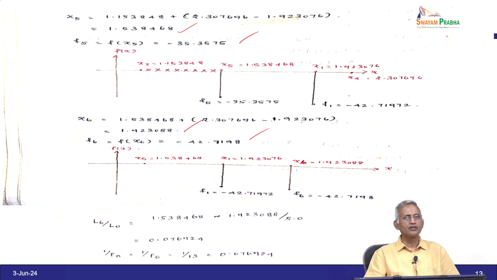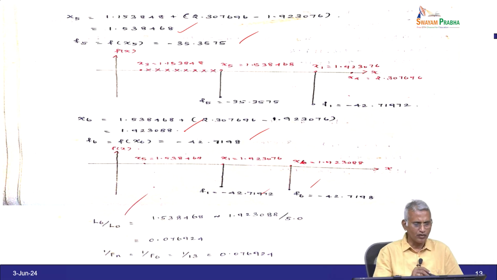Now, check it out. x5, x1, x6, x1 corresponding f1, x6 corresponding f6. Now, you compare f1 and f6, they are equal to two decimal places and the integer part is also equal. Therefore, f1 is minus 42.71972 and f6 is minus 42.7198.